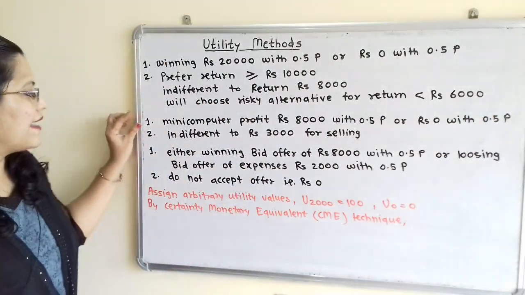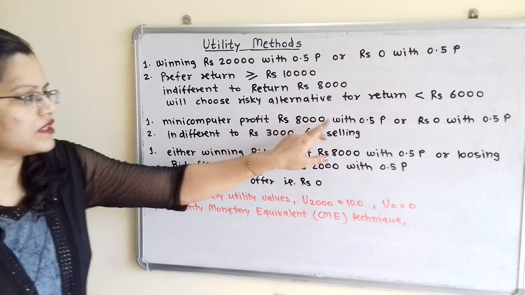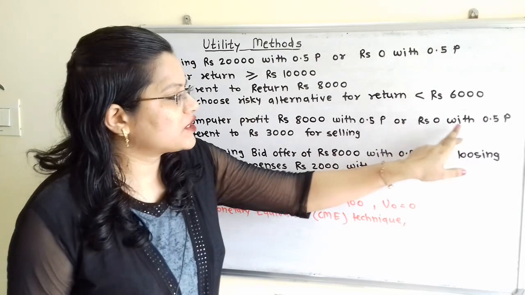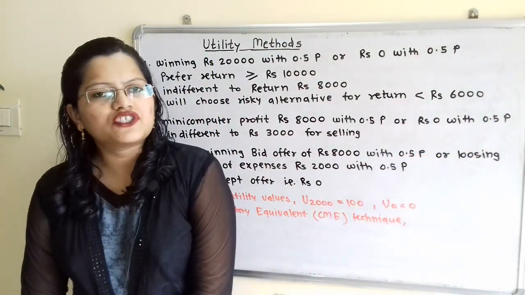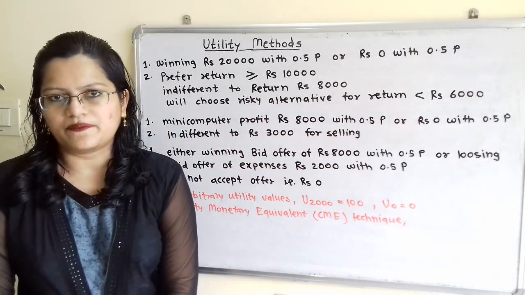So we can say that the first alternative is minicomputer profit rupees 8,000 with 0.5 probability, or rupees 0 with 0.5 probability. Now it is also mentioned that he is indifferent to rupees 3,000 for selling.